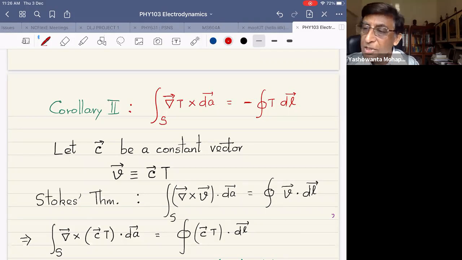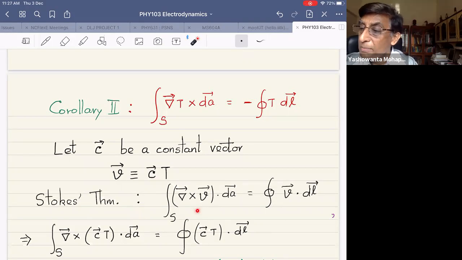The same old technique: let c be a constant vector, and then v is cT. Now, of course, it's a surface integral to be related to a line integral, and obviously we need to use Stokes' theorem, and for that purpose we constructed this vector function by multiplying by a constant vector.